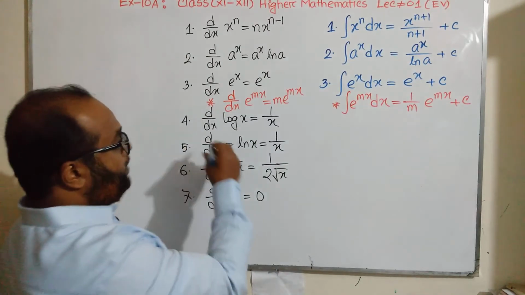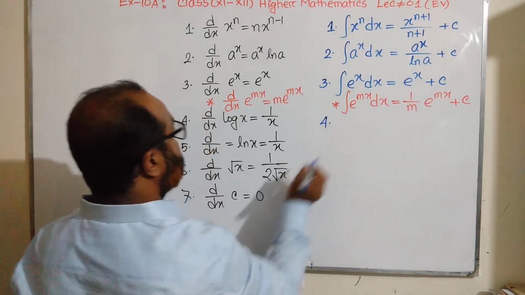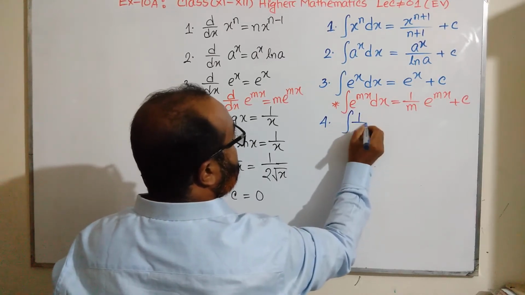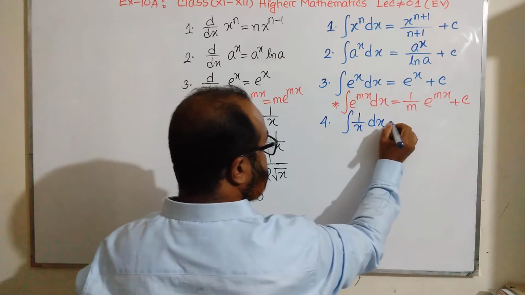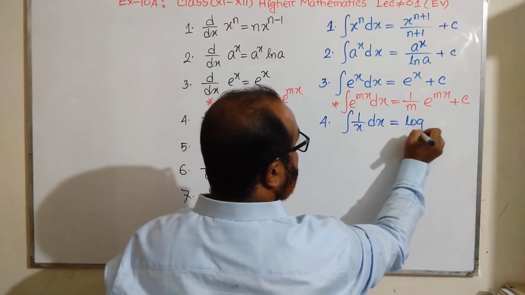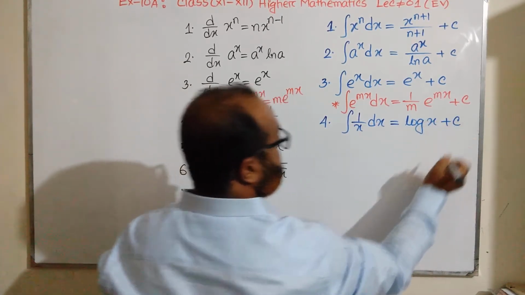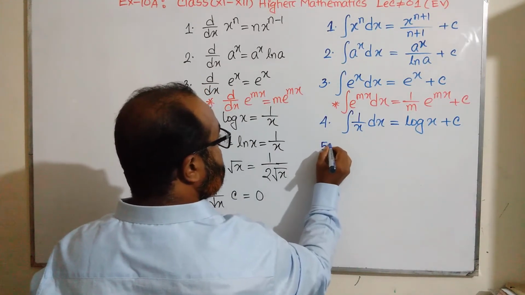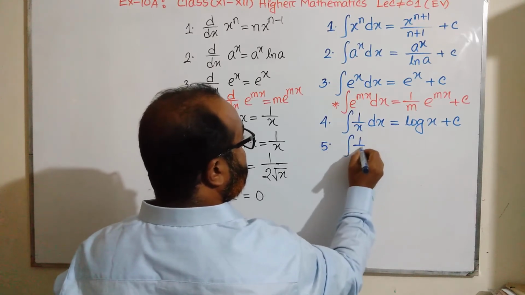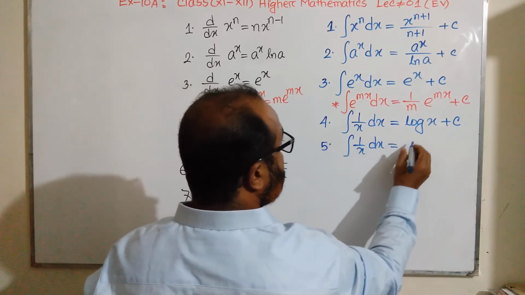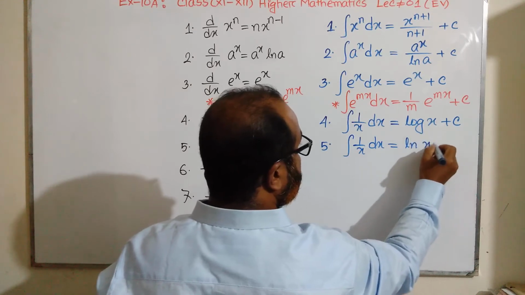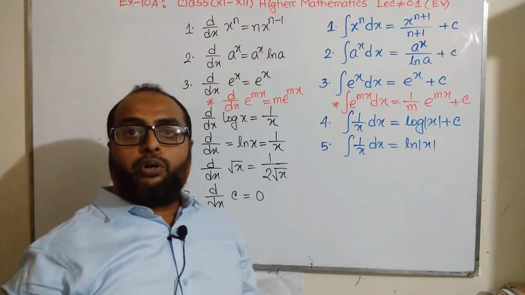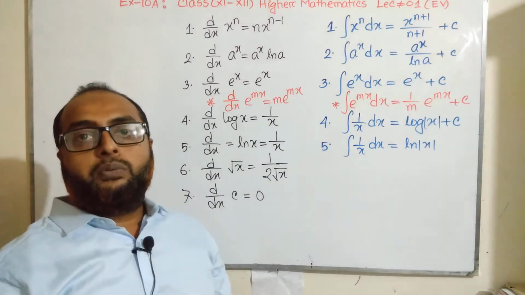Okay, now number 4, integration of 1/x dx equals log x plus c. Similarly, integration of 1/x dx we can write as ln|x|, with modulus x, because you know the logarithm of negative numbers is not possible.